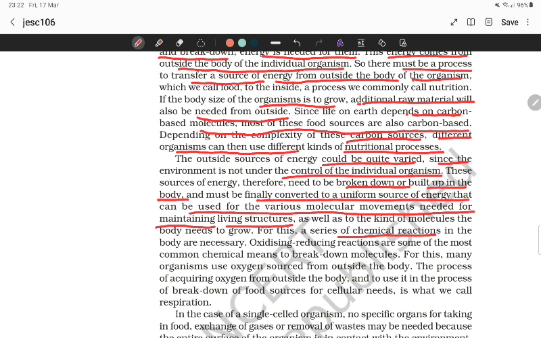Because these chemical reactions take place within a living cell, they are also called biochemical reactions. Some of these biochemical reactions are oxidation and reduction reactions, called redox reactions, and that is the most common chemical means to break down the molecules.